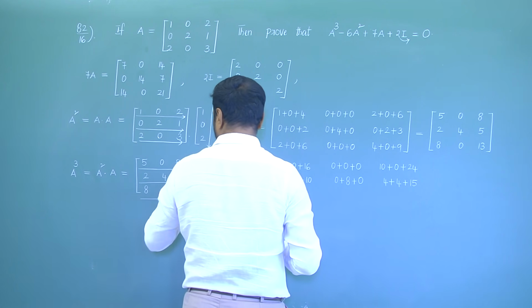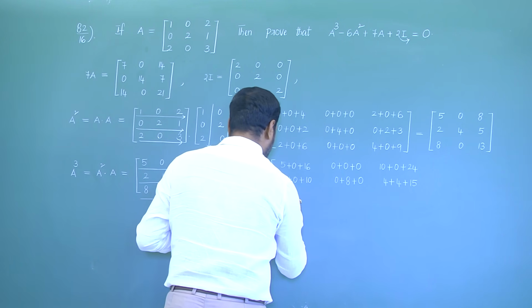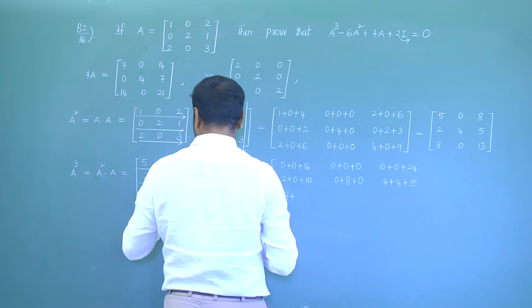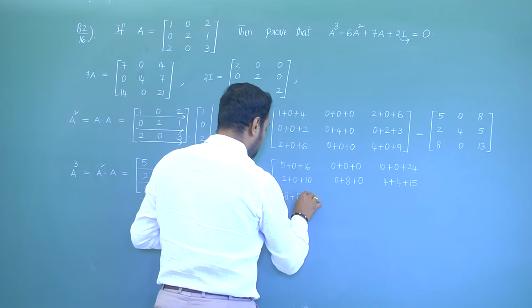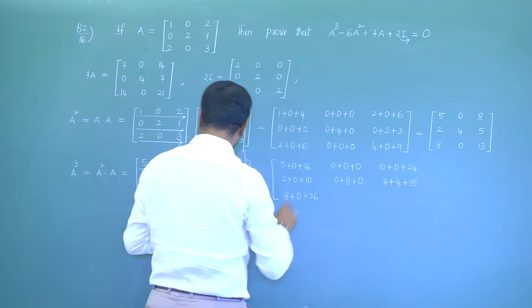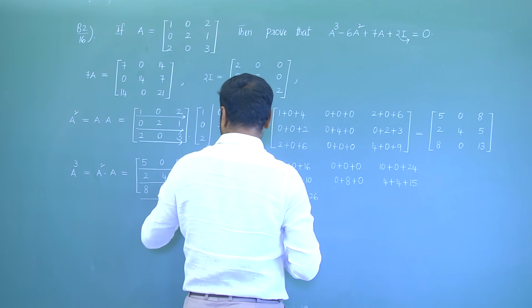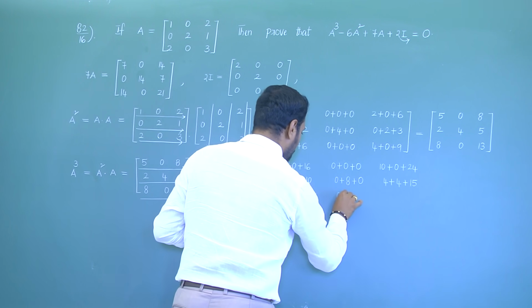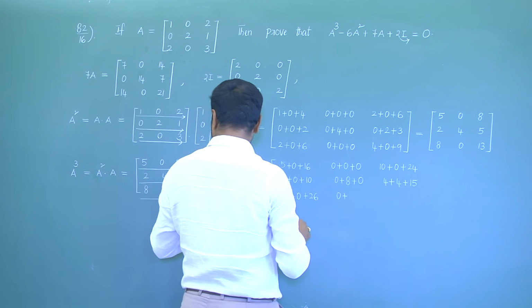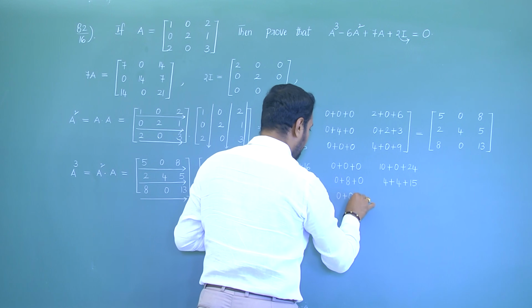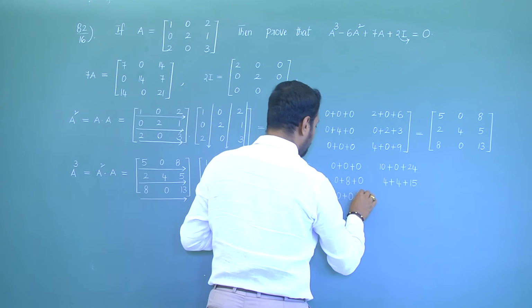Third row, first column: 8 into 1, 8, plus 0, plus 13 twos are 26. Third row, second column: 8 into 0, 0, plus 0 into 2, 0, plus 13 into 0, 0.